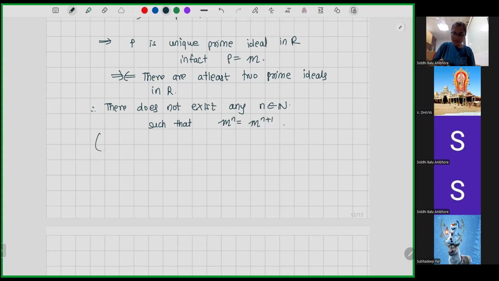But this also, just an observation, means that M is properly contained in M squared, properly contained in M cube, and so on. So this chain is descending at every step.